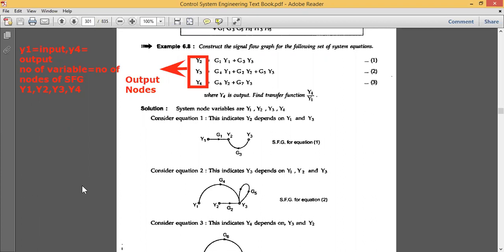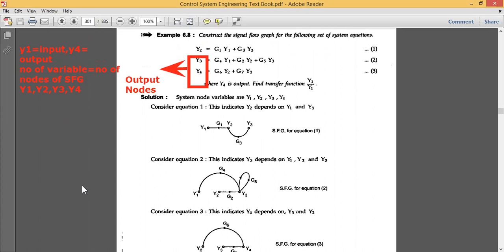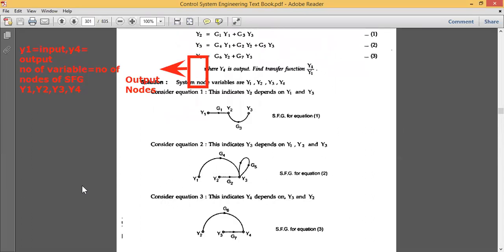Now for equation number 3, y4 is equal to g6 y2 plus g7 y3. The output node is y4, so you can take it as a point y4 here.